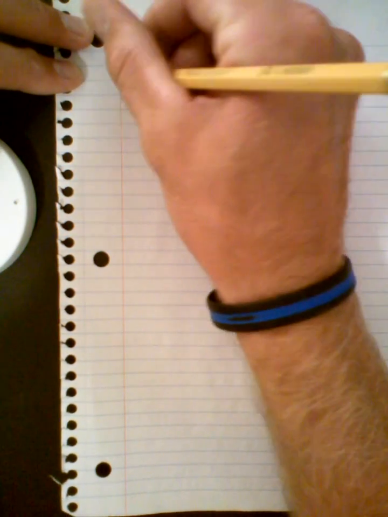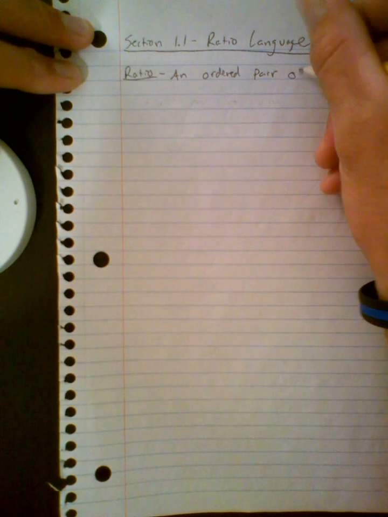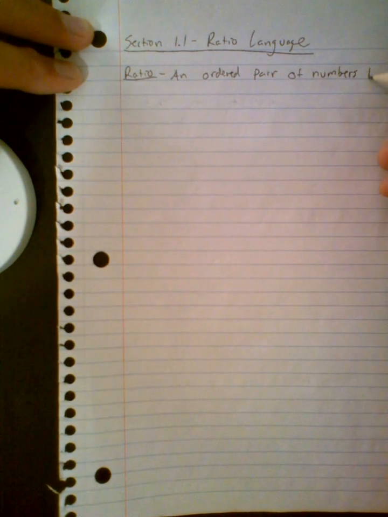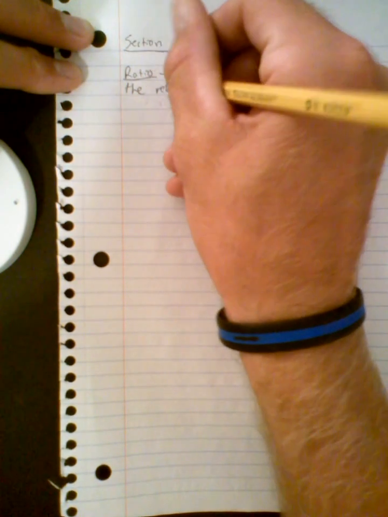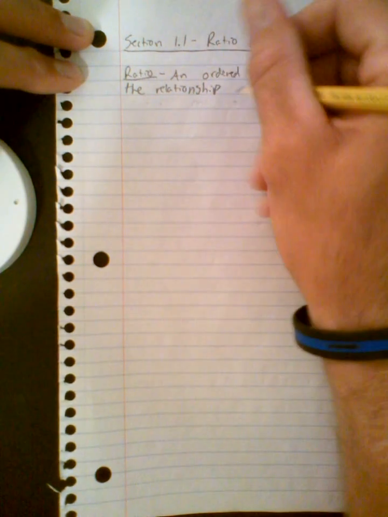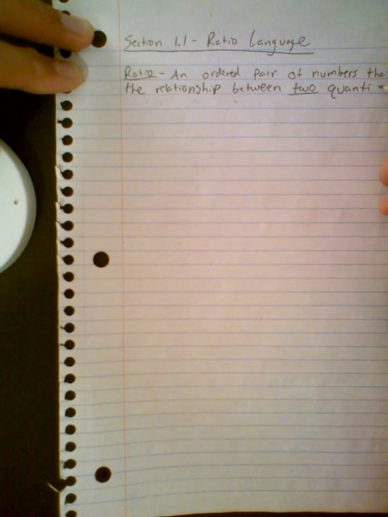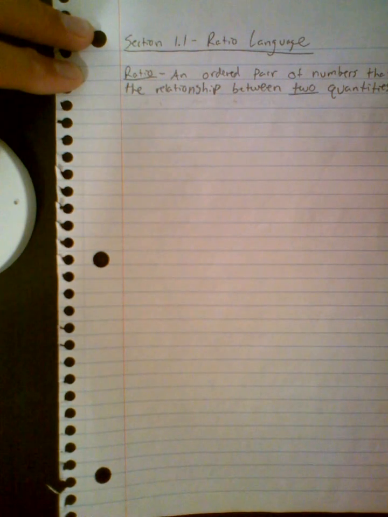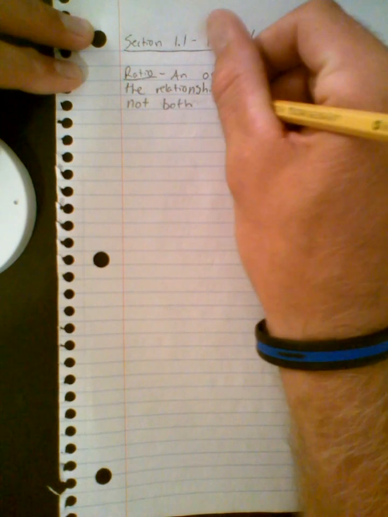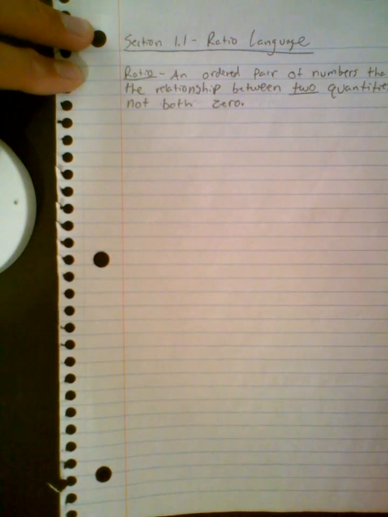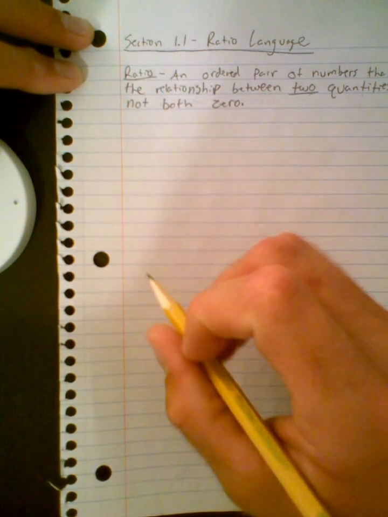Well, a ratio is an ordered pair of numbers that represent the relationship between two quantities that are not both zero.